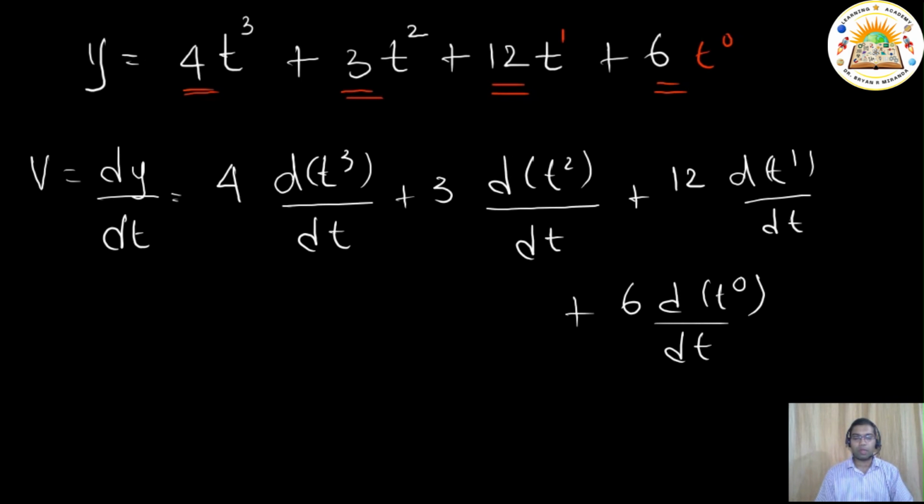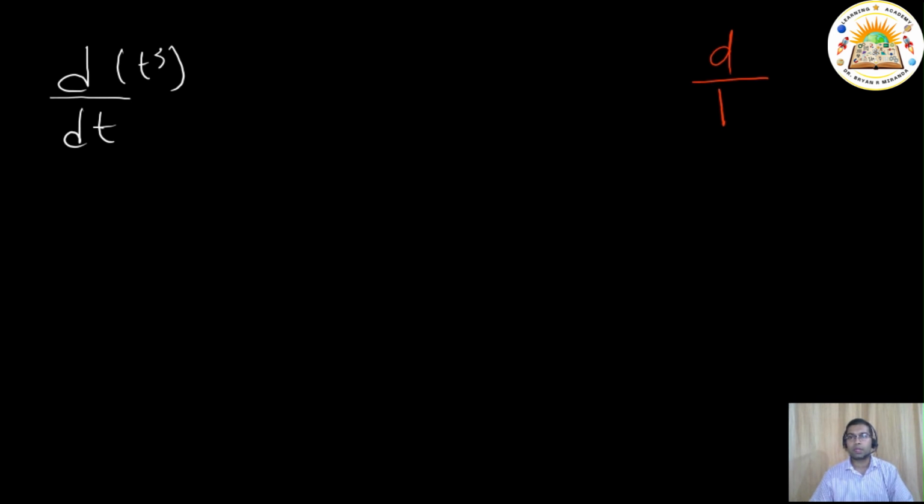Now from the formula when we apply, we can simply write it like this. What is our formula? d by dt of t power n is nothing but n times t power n minus 1.